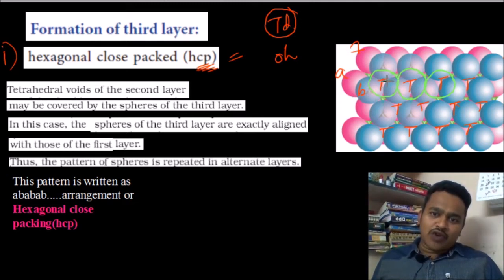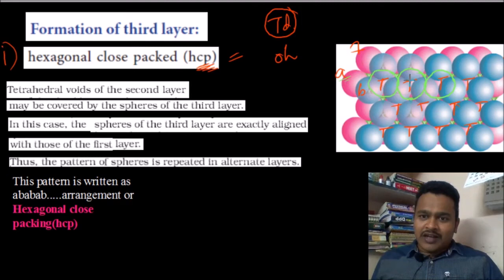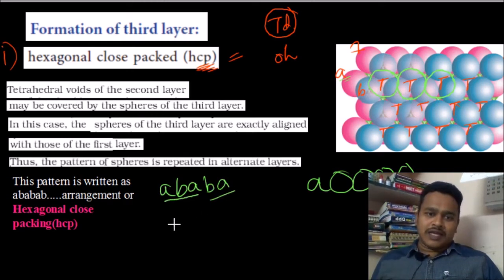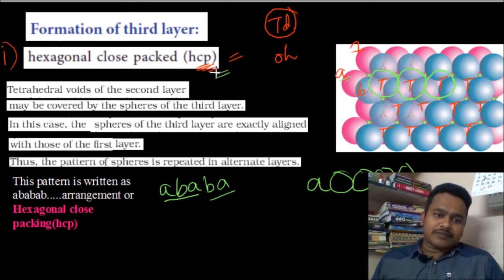Whatever third layer is formed by covering the tetrahedral voids is exactly the same as the first layer A. That is why this packing is called AB, again A. So ABA packing we can call hexagonal packing, otherwise HCP, otherwise ABA, AB packing.